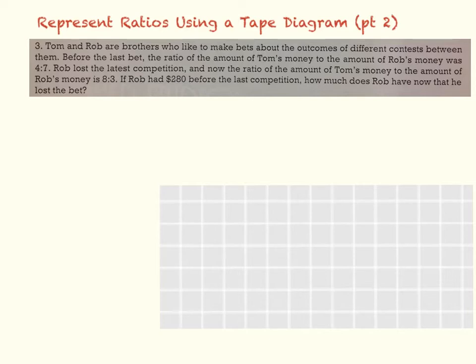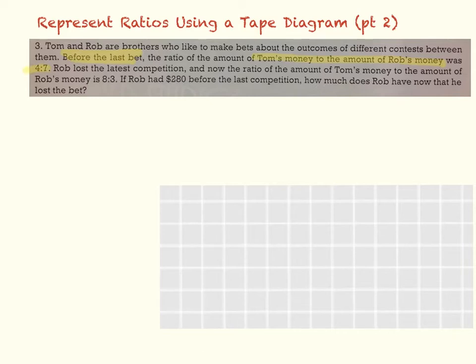Okay, so let's just highlight all the information we need before we start organizing it into a tape diagram. Before the last bet, the ratio of Tom's money to Rob's money was 4:7.